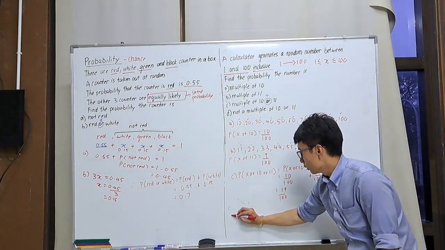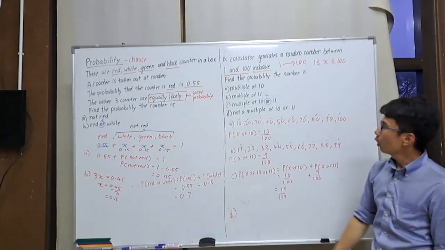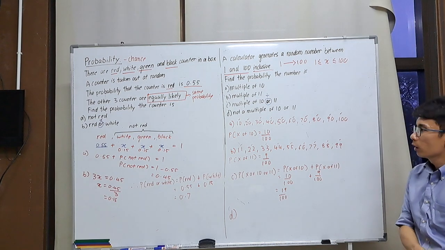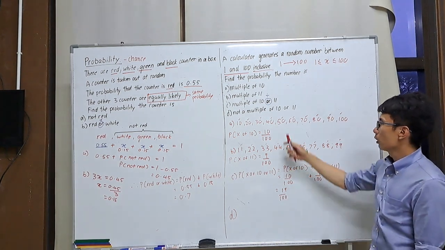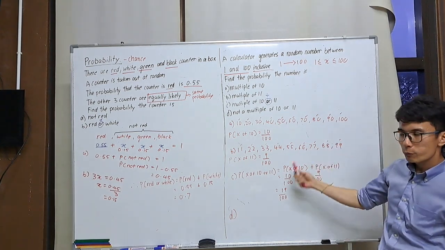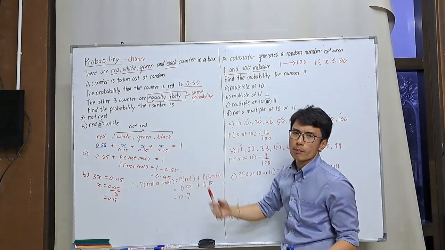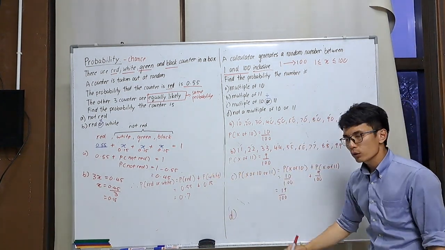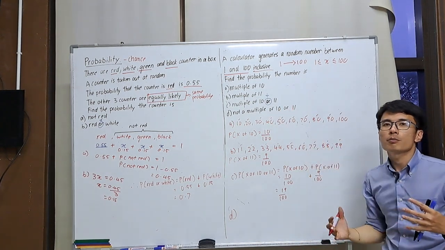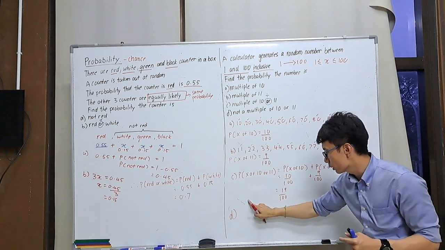And the last one, D, not a multiple of 10 or 11. Again, we are going to use our understanding of the maximum probability. When you add up all the possible events, it's going to equal 1. So I'm going to write this down.